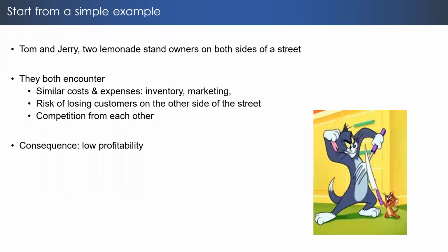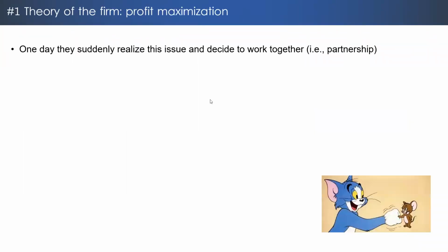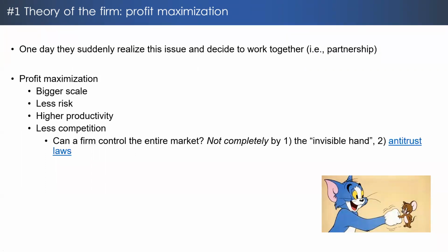So let's say somehow they realize that this is a problem. Rather than keep pressing down our sales price, why don't we work together and own the street together? You own the east side of the street, I own the west side of the street. That's great. It means that not only can we gather all the customers along the street, we can increase our scale of sales and our revenue, and there's less risk of missing the customers from the other side of the street.